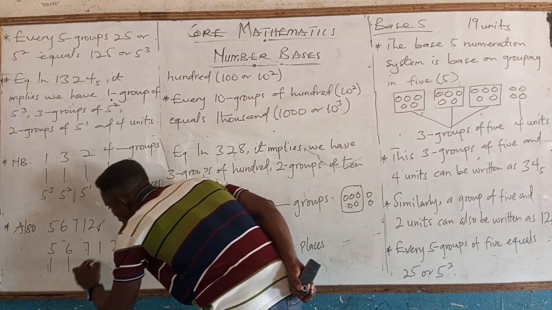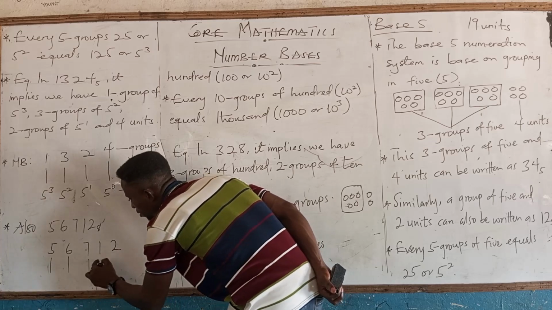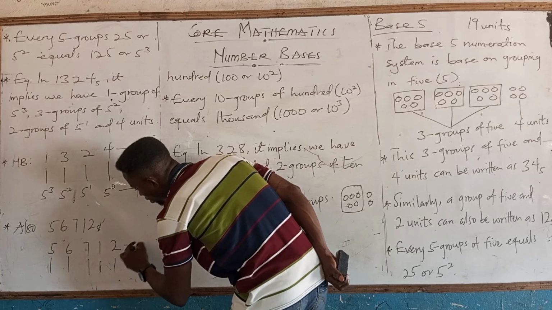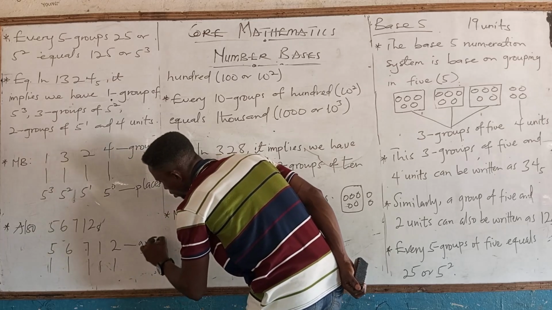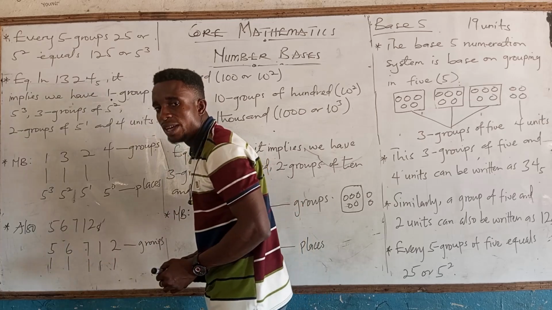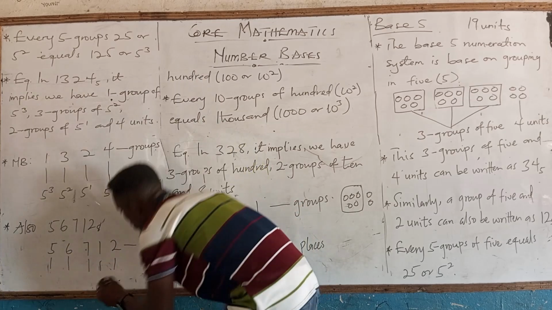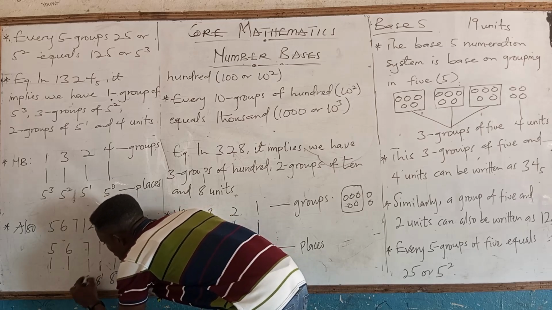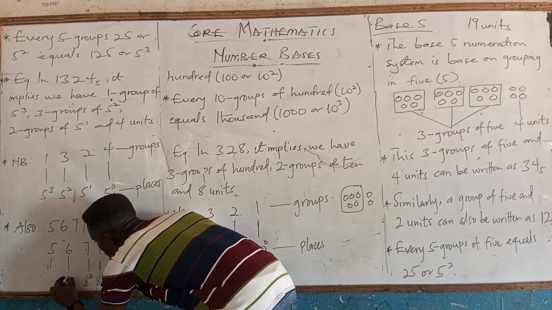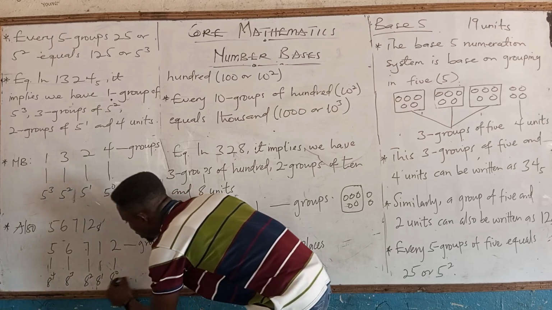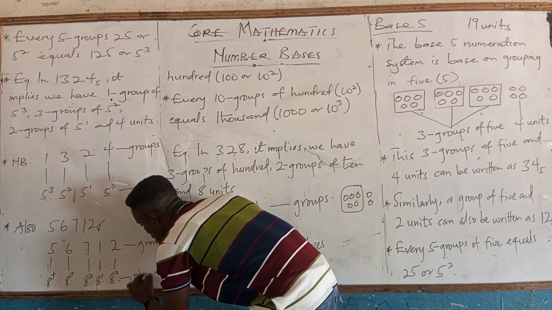Then it will give us something like this. Are we okay? So this is the groups. And so we are in base what? 8. We are in base 8. So we are going to have 8 exponent 0, 8 exponent 1, 8 exponent 2, 8 exponent 3, 8 exponent 4. And this is going to be the places.